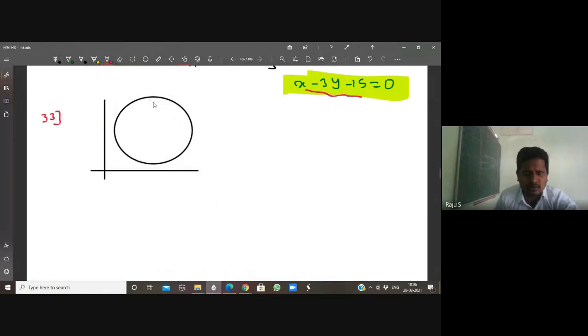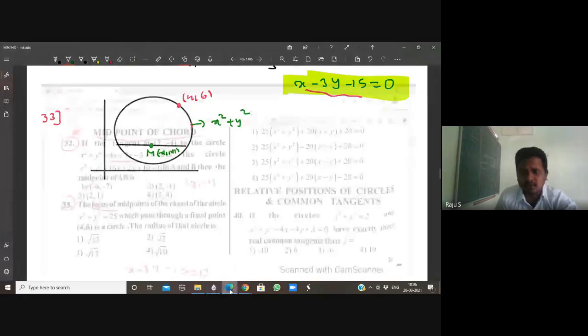The x value is 4, the y value is 6, that is 4 comma 6. Either way you can take it. We can also draw the curve, either like this or like this, whatever. So take the midpoint of the chord as M (x1, y1). The circle equation clearly given is x square plus y square is equal to 25.